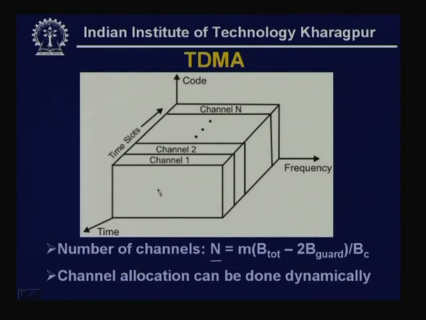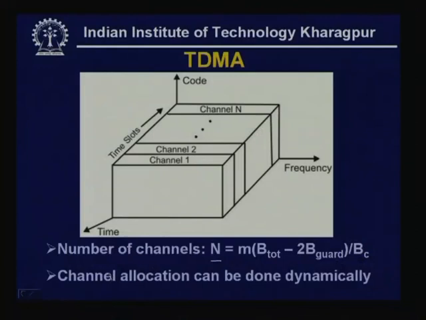Now, just like the case of FDM, that frequency division multiplexing, here also it is possible to assign the slots to different stations or users dynamically. So, channel allocation can be done dynamically.